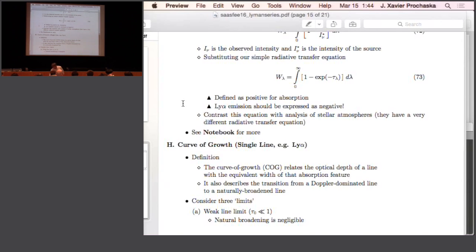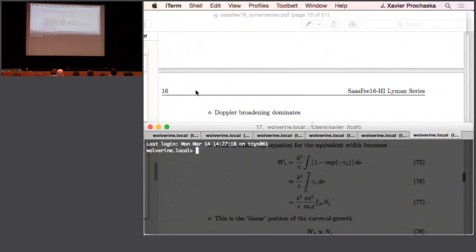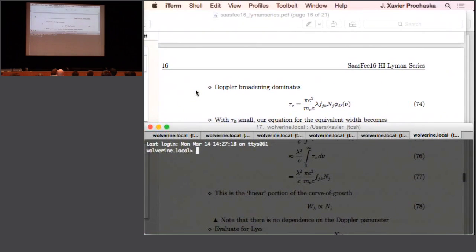The first is the very weak limit, where the opacity, the optical depth, is very small. Tau 0 is much less than 1. In the limit that the optical depth is very small, then we can ignore the Lorentzian, and our optical depth is given again by the Doppler line profile.